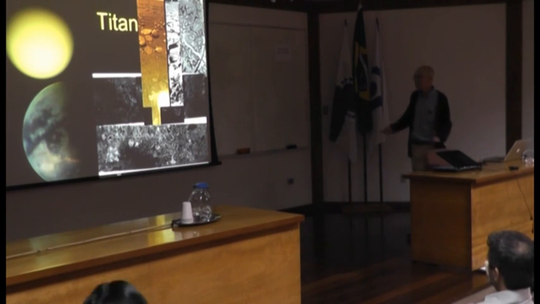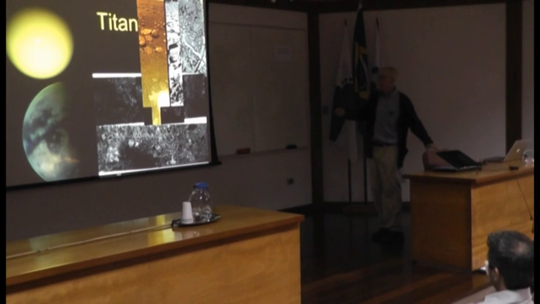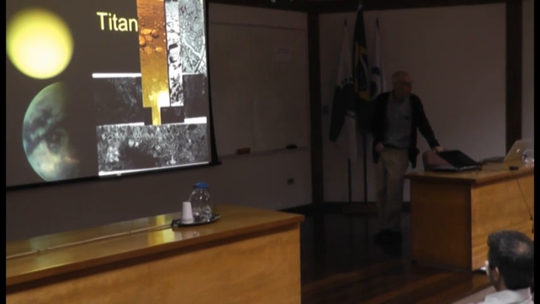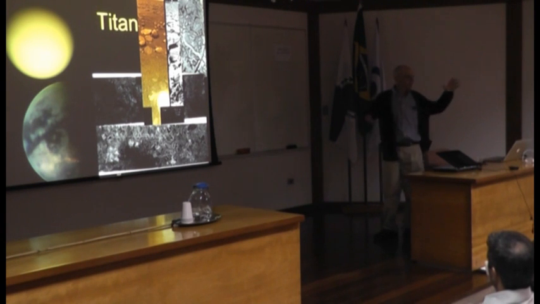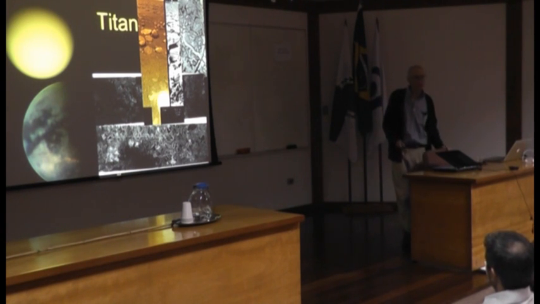Titan. This is what it looks like in visible light. Pretty boring because it's hazy. You think it's hazy on smoggy days in cities? Well, Titan's even hazier, because there's a much larger thickness of the atmosphere and the photochemistry in the atmosphere.